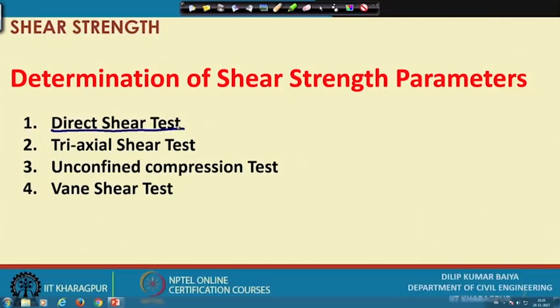We prepare a soil sample and we give a predefined shear plane. The soil will be in two halves in a box, and the middle part of the box is not connected.